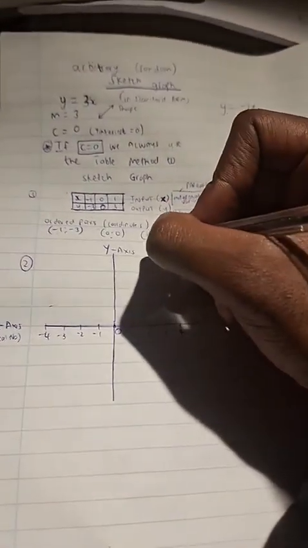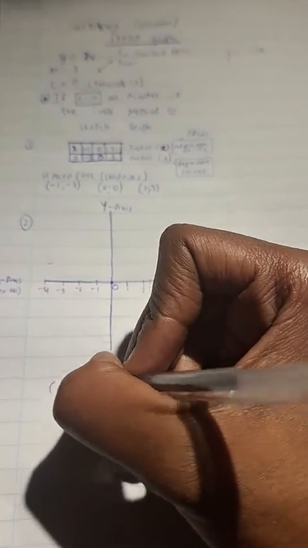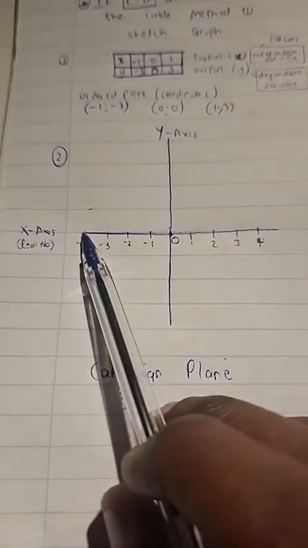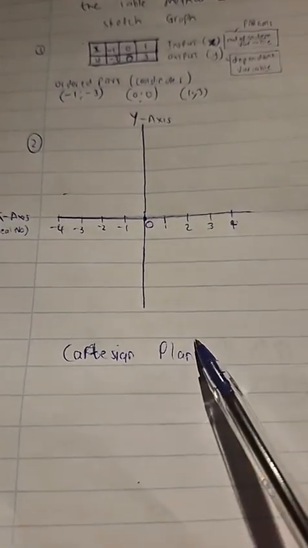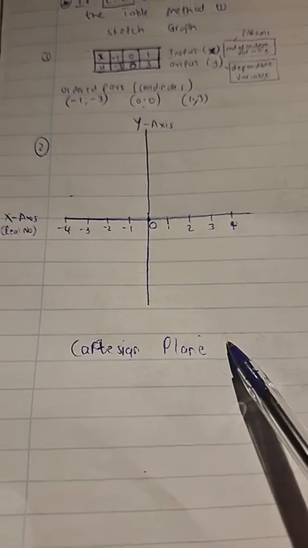Guys, the entire system of x and y values, we call this the Cartesian, C-A-R-T-E-S-I-A-N, plane, because it has a horizontal plane and a vertical plane.